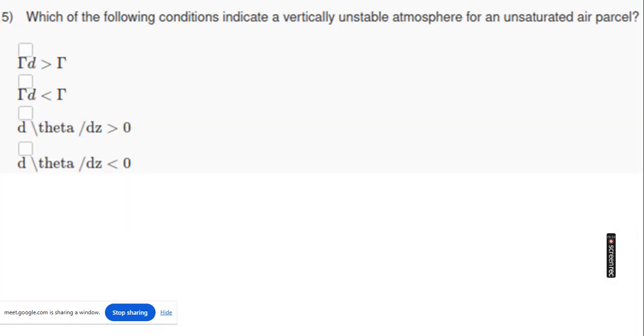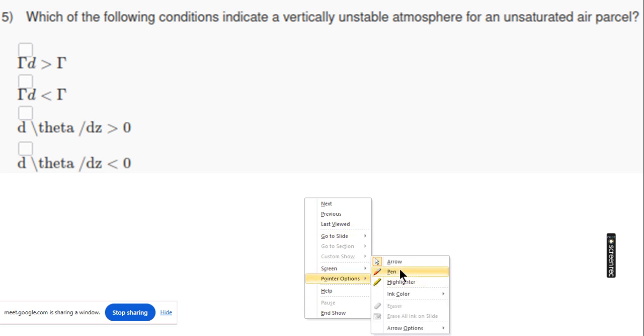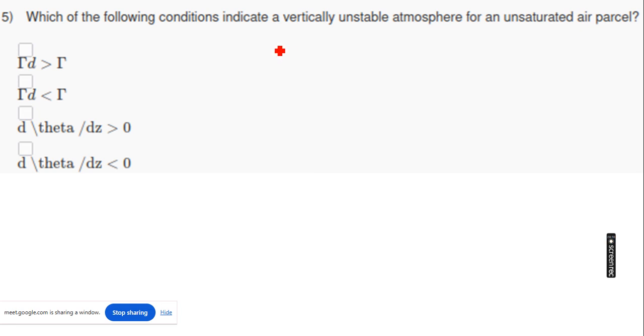Now let's move forward. Which of the following conditions indicate a vertically unstable atmosphere for an unsaturated air parcel? So we need to find the condition for an unstable atmosphere. DLR, which is gamma D, and environmental lapse rate, which is gamma, are given.